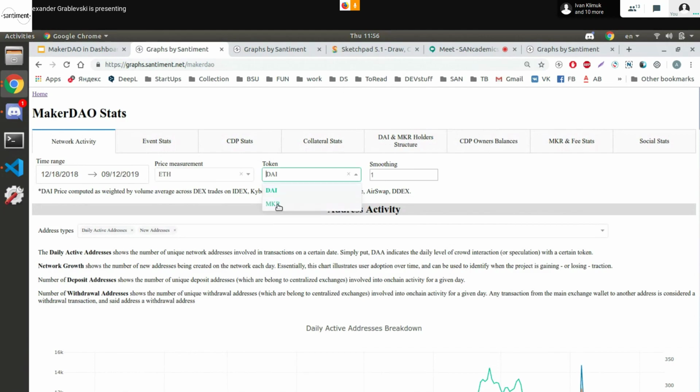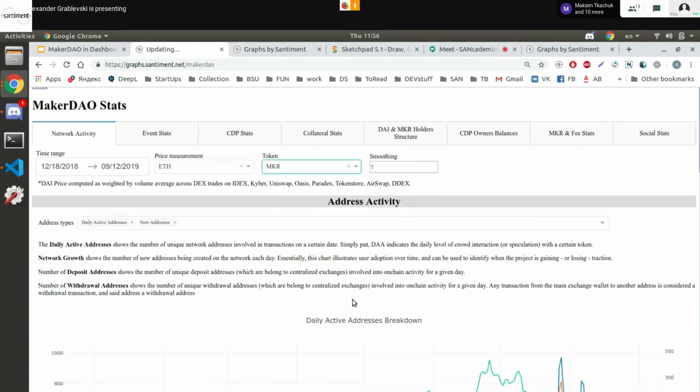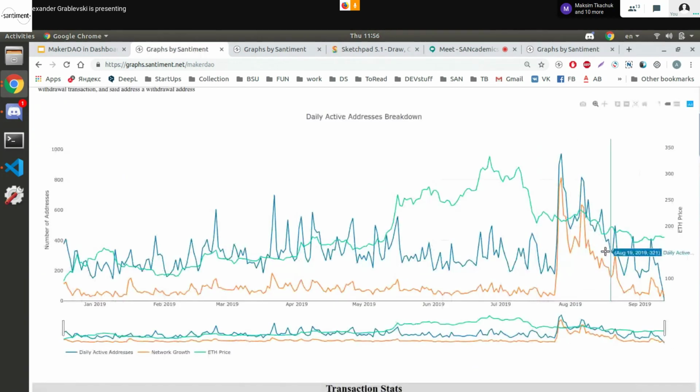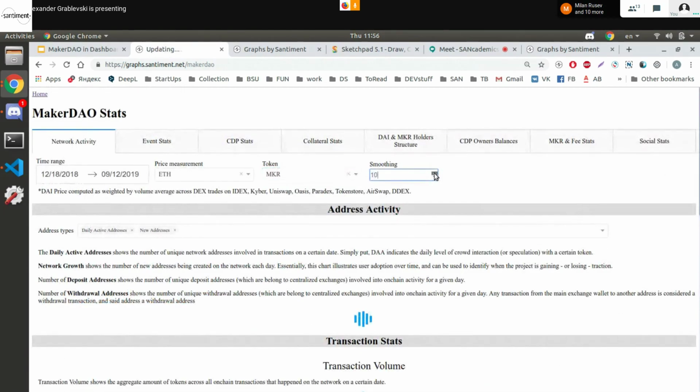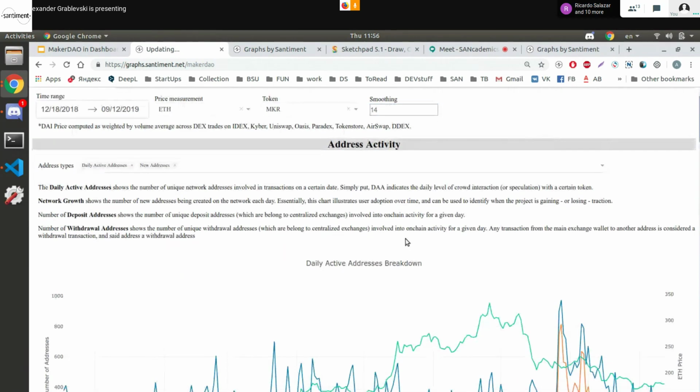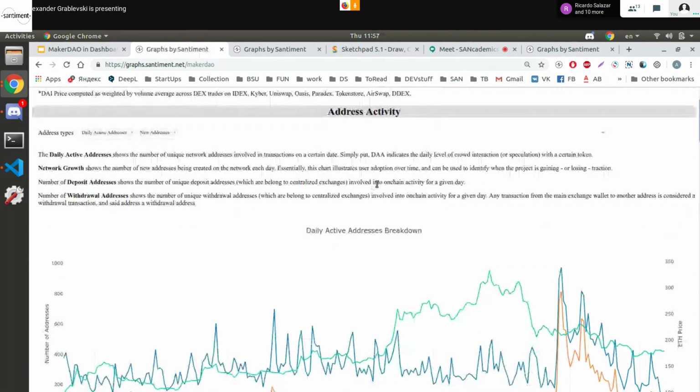Both DAI and Maker have the same on-chain statistics, so you can investigate how DAI behaves or how Maker behaves, and you see different metrics for them. And smoothing: you can smooth your data if you want to see the whole picture. That's how it works.